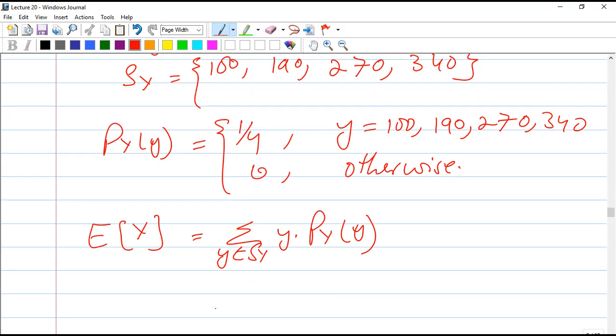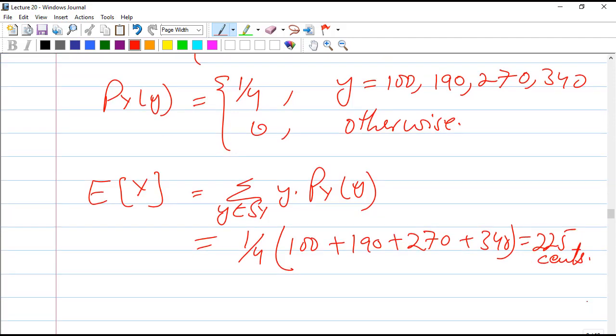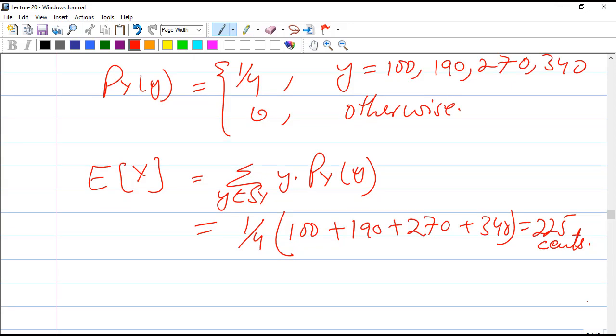So that would be simply, because py of y is 1 by 4 and we are multiplying it with 100 plus 190 plus 270 plus 340, and that will give me the average value of 25 cents. So this is the case where all the values of y are distinct values from the function of x.